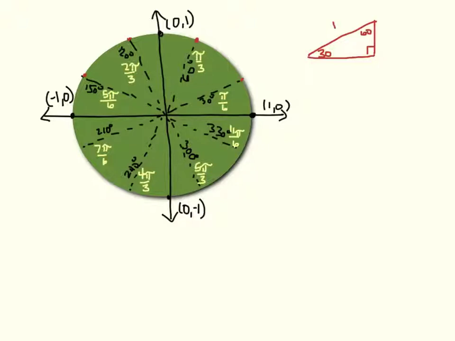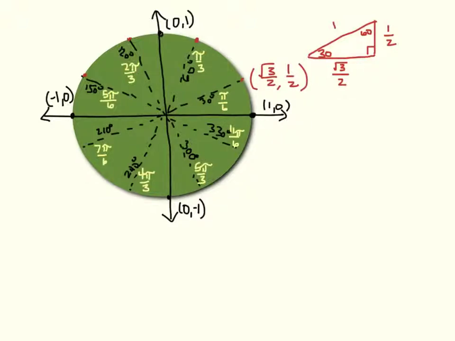From special right triangles, we know that whatever is across from the 30 is half of the hypotenuse. So since my hypotenuse is 1, this side must be 1/2. And whatever's across from the 60 is whatever's across from the 30 times the square root of 3. So 1/2 times the square root of 3 is square root of 3 over 2. So here I have the x length, square root of 3 over 2, and the height is 1/2, so this point is at square root of 3 over 2, 1/2.